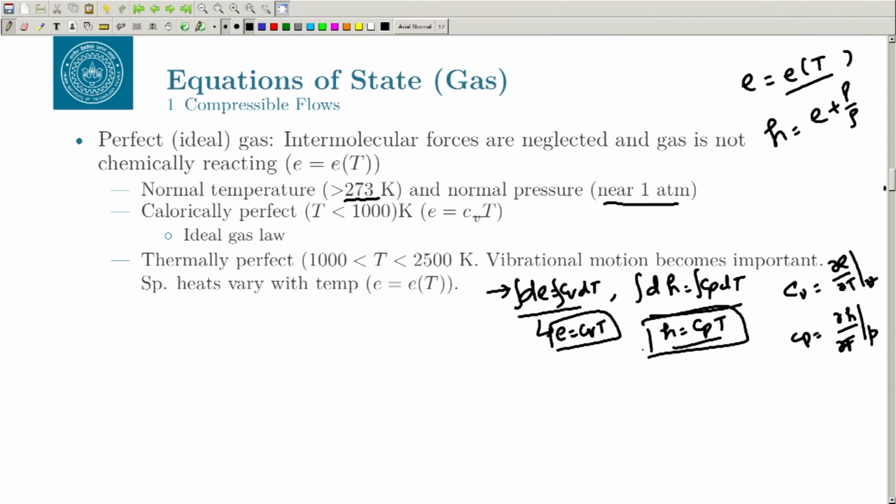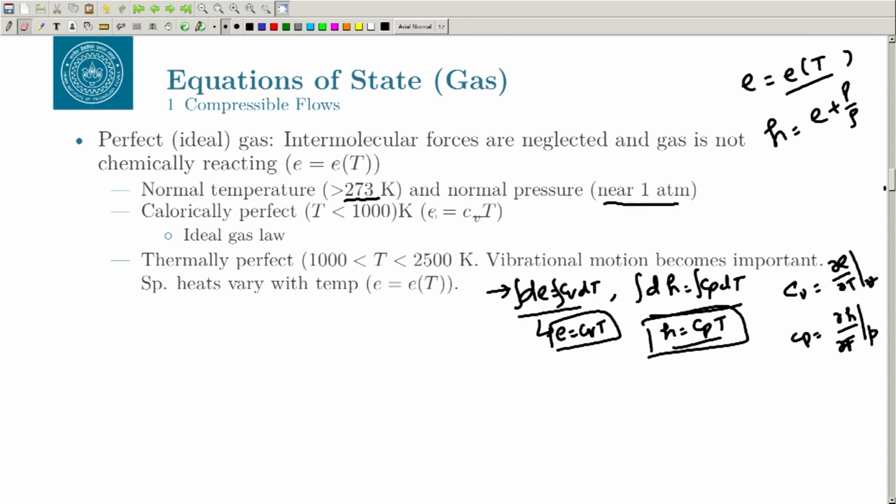These are true if the temperature is less than 1000 Kelvin. In this case, Cp and Cv do not vary too much with temperature, and you can assume them to be constant, and this is called the calorically perfect gas.